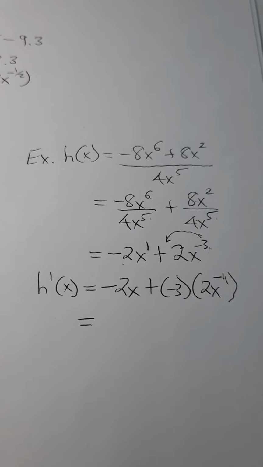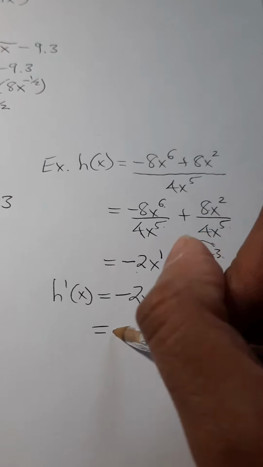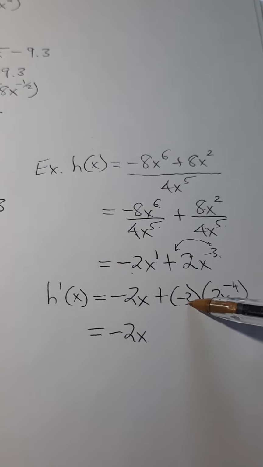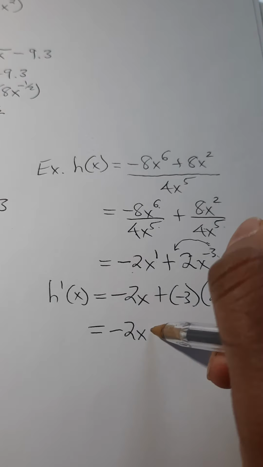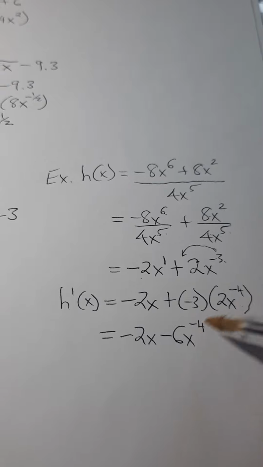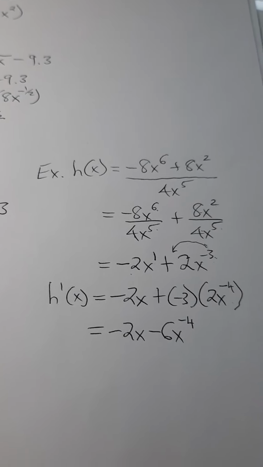So this is what we have so far. And again, we do have to just simplify this. So I'm left with negative 2x. Then you're doing negative 3 times 2 here. So this is negative 6x to the power of negative 4. Just like this.